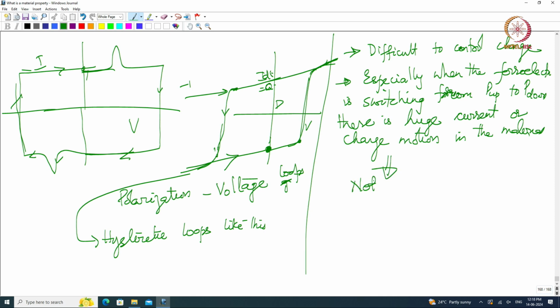This happens very fast, depending on the material in some nanoseconds to speed of sound in the material especially. So, this is not very controllable.